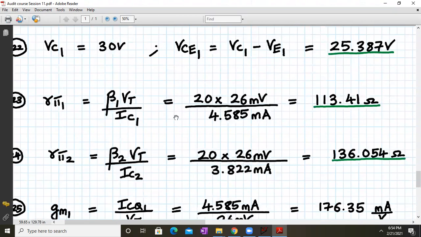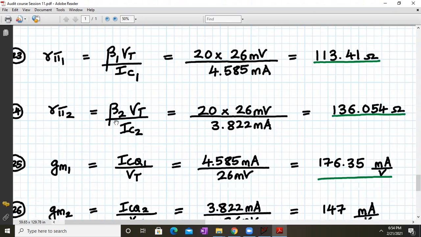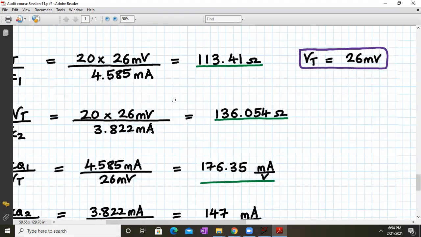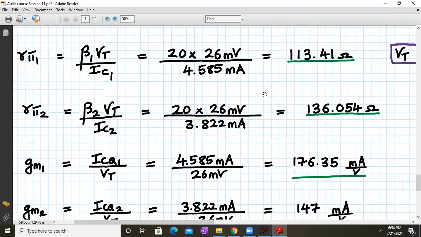Okay, once we know all the terminal currents and the voltages, we go for the small signal parameters, which are Rpi1, which is beta 1 into Vt upon IC1. So we substitute Vt as around 26 millivolt, beta 1 is given as 20, and IC1 is 4.585 milliamperes. So Rpi1 will come out to be 113.41 ohms.